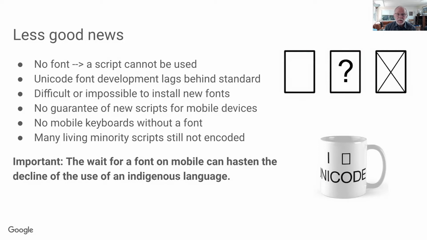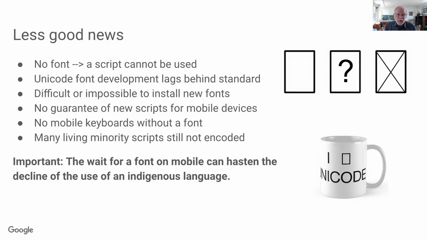Unicode font development often lags behind the standardization process. Even when a script is encoded, there may not be a font available for months or even years. And because it is difficult or impossible to install new fonts on a device, sometimes these fonts, even when available, can't be used by a typical user.